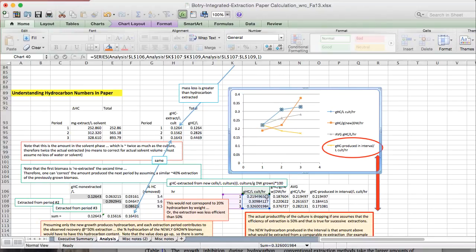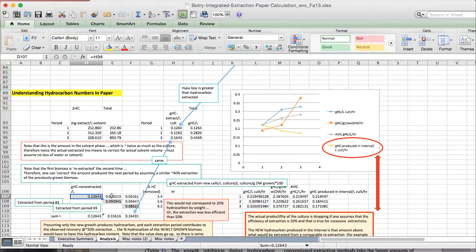Another way of looking at it would be to look at it just in terms of what was new. So on this diagonal over here, you can remember that this was what was made in the first period, second period, and third period, subtracting away what was actually extracted. And that's what these are referring to.